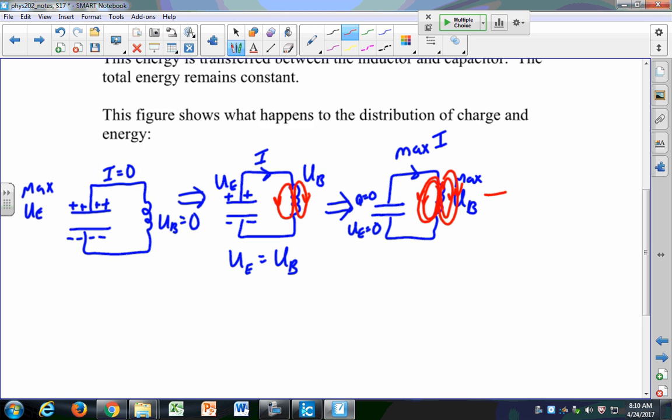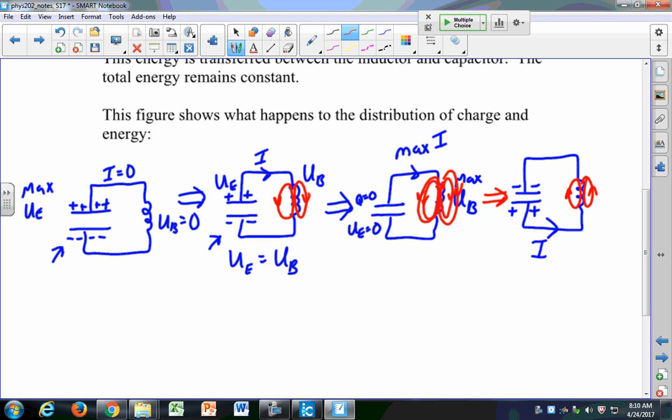So then we get a capacitor that will look like this, but now it's actually going to change direction. So whereas over here I had negative charges, now I'm going to actually get positive charges here and negative charges here. My current now, instead of going in one direction, will actually go in the other direction. So now my current is going to look like this. I will have a magnetic field over here.